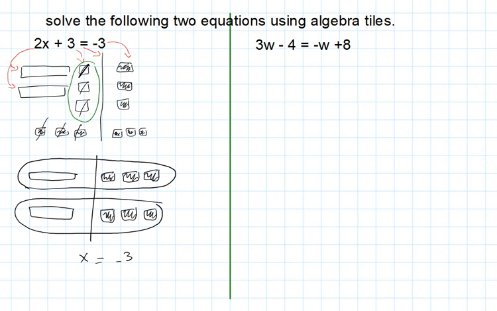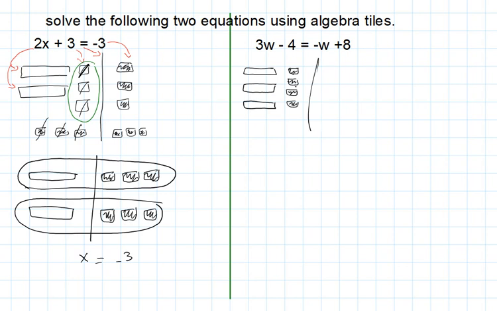On the right, slightly more complicated, but the same solution still. So again, we're going to start with drawing them. We're going to have 3 w's and 3 variables. Okay, -4 is going to be 4 little squares, and they're going to be shaded in, equal -w.